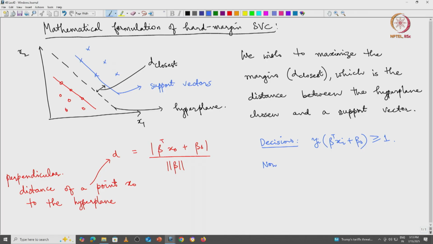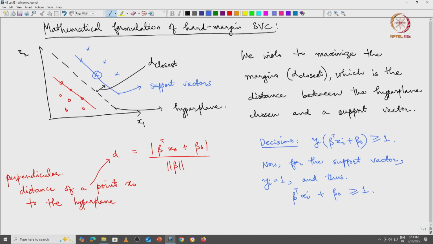Now for the support vector, what will happen? Let us take yi equals 1. So we are taking this particular point on the support vector. So yi equals 1 and thus beta transpose xi plus beta naught greater than or equal to 1.